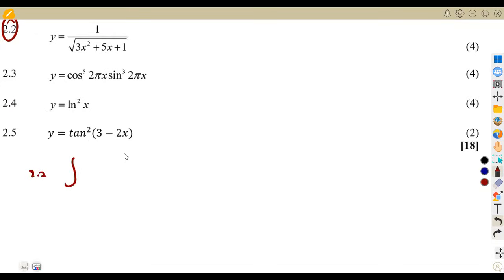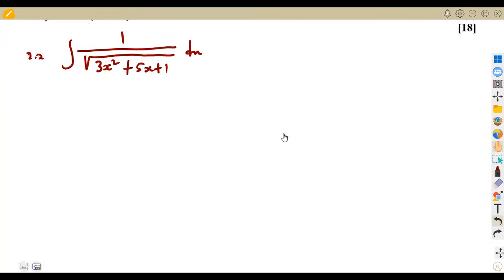2.2, the integral of 1 over the square root of 3x squared plus 5x plus 1 with respect to x. Whatever that we are integrating is supposed to be done with respect to x. So remember, I talked about the completing of the square method since our N3 and so forth.